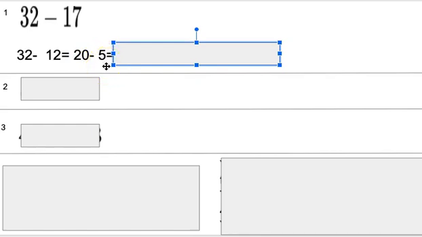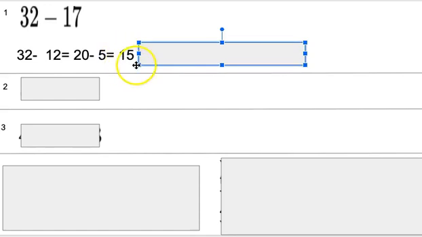Now, it had been a while since I had taught the math problem, so I went back, and the first time I did these problems, I realized I did 20 plus 5 instead of 20 minus 5. Well, I checked my answer, and my answer didn't work out correctly. So, the answer to this problem is 15.